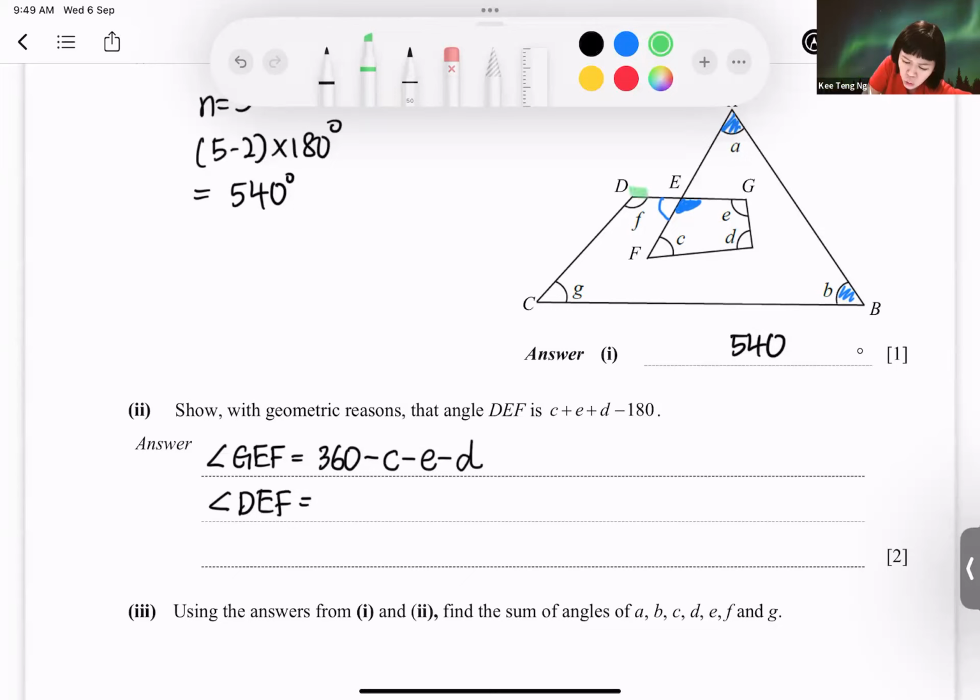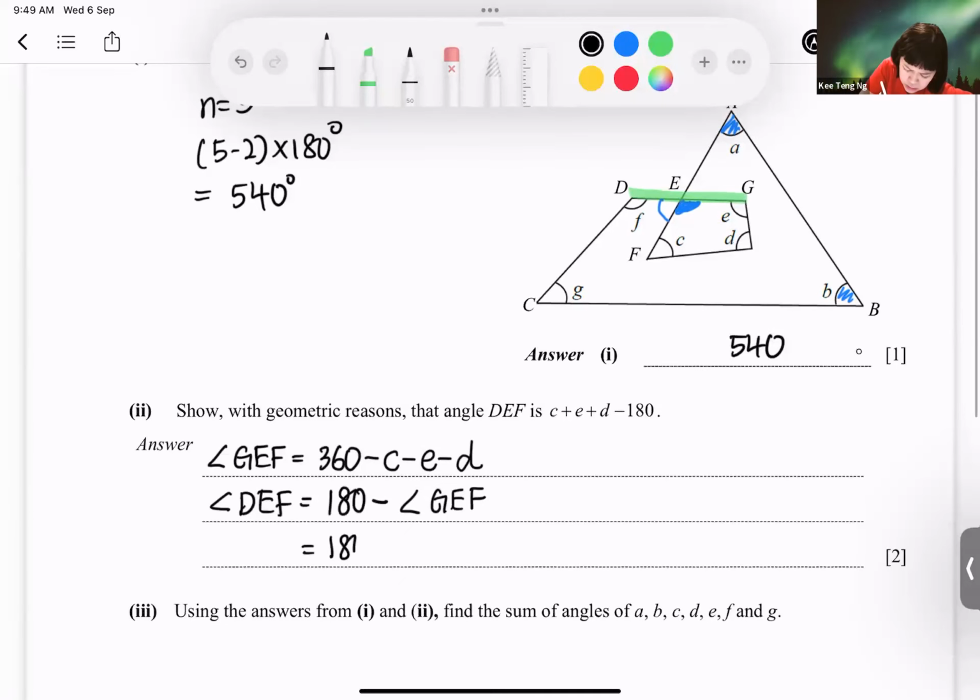DEF are angles on one straight line. The two of them add up to 180 degrees. Am I right? So in order to find DEF, that will be 180 minus angle GEF, which is 180 minus the whole expression we found over here, 360 minus C minus E minus D.